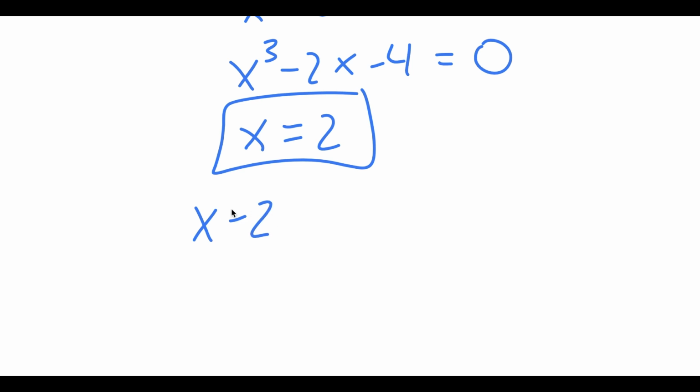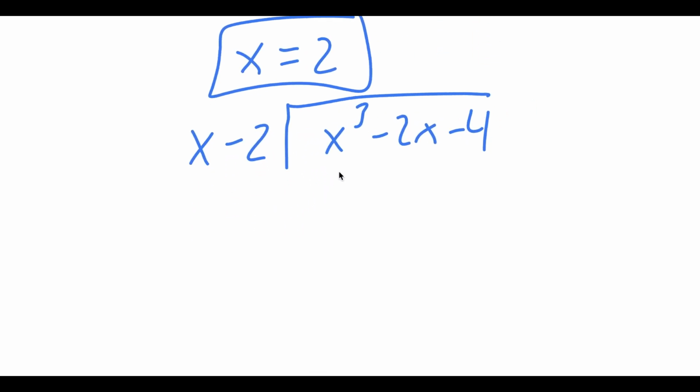x minus 2 equals 0 is a solution, so meaning we have to divide this by our original equation. So we have x to the power of 3 minus 2x minus 4 divided by x minus 2.